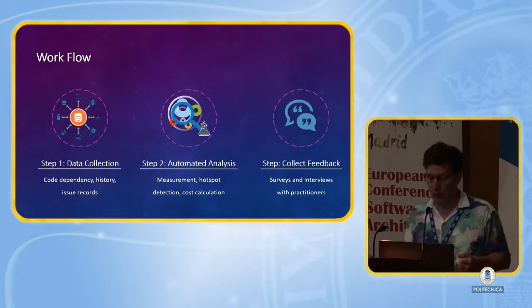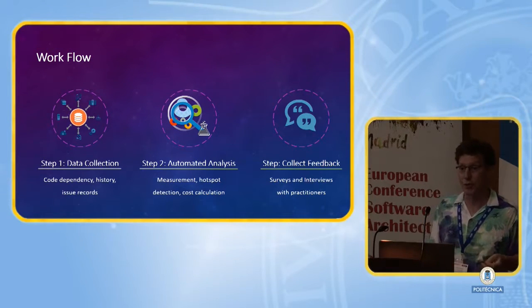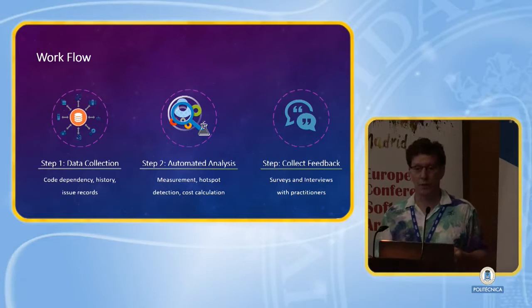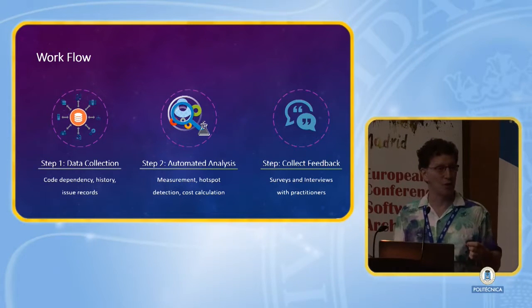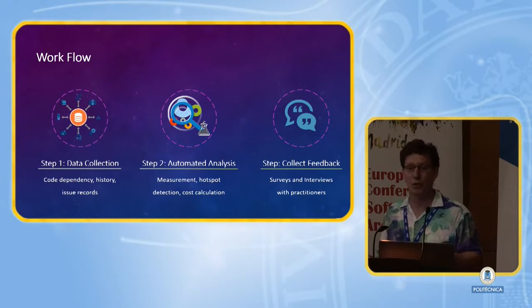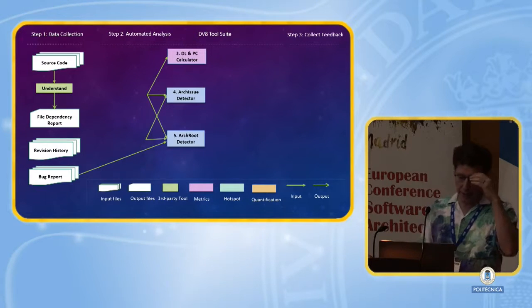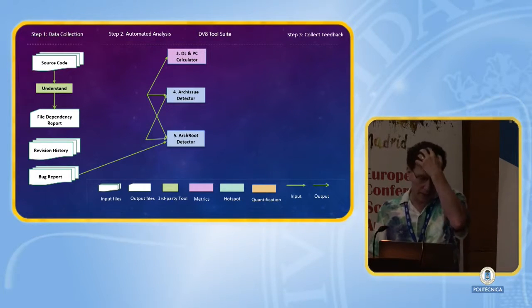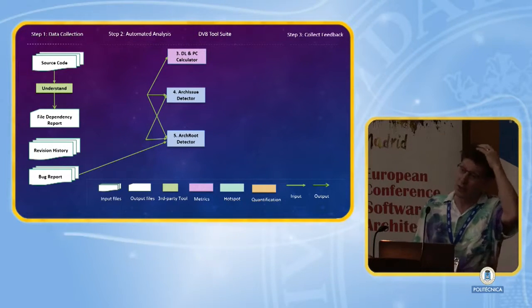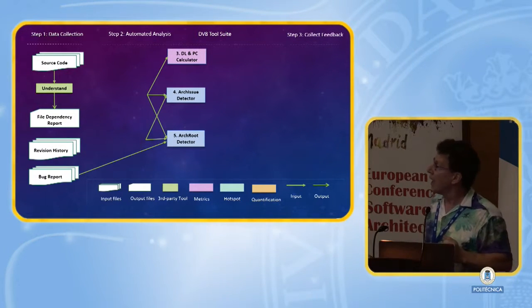We analyze those artifacts to determine the architectural flaws, and then we follow that up with feedback from practitioners to determine whether this information was correct, whether it reflects their understanding of the architecture, whether it's useful to them, and whether it provides insights to them. So we have a set of tools that we've created. This was initially called Titan. Now there's a second generation of these tools called Deviate.